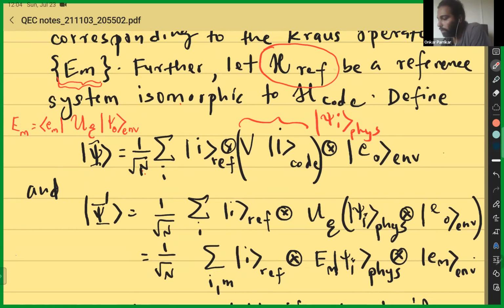So let me introduce this reference Hilbert space. What this reference Hilbert space is, is that it's isomorphic to the code subspace. So if you had a qubit, let's say that you were trying to encode in this larger Hilbert space, then the reference system would be another qubit.